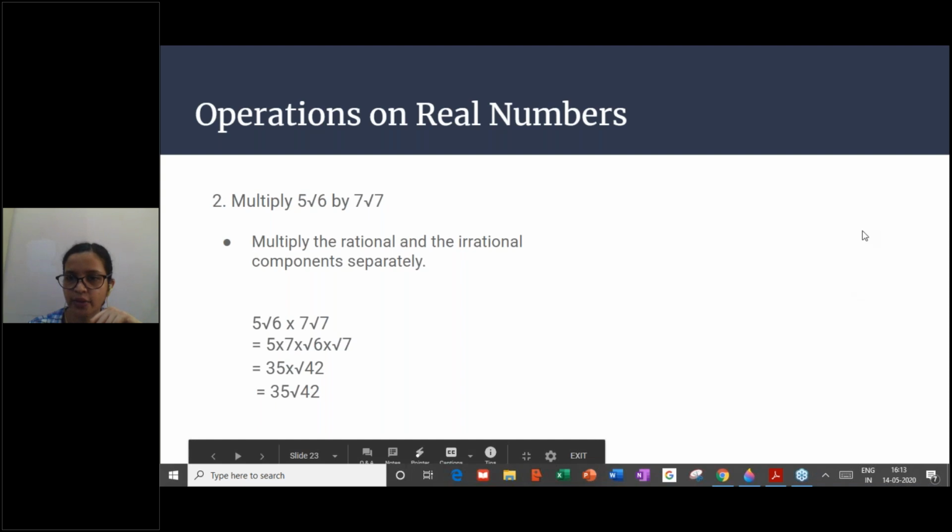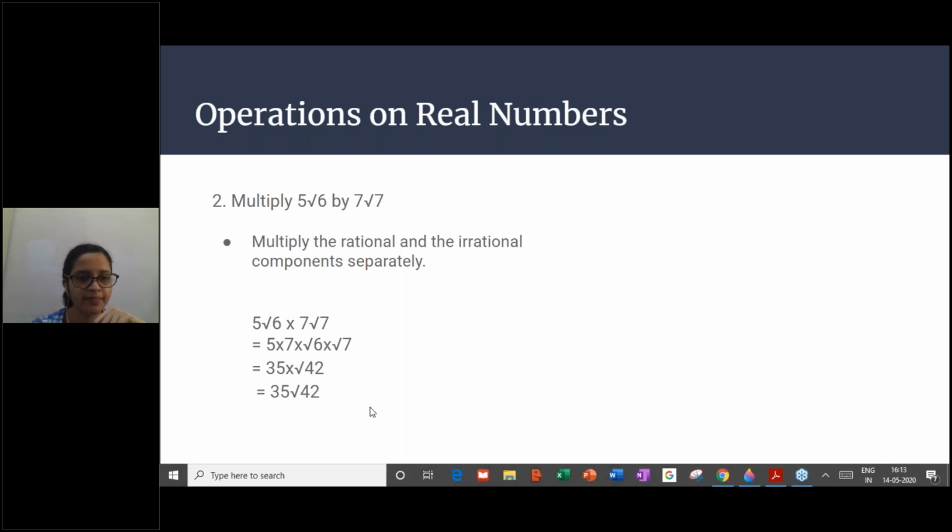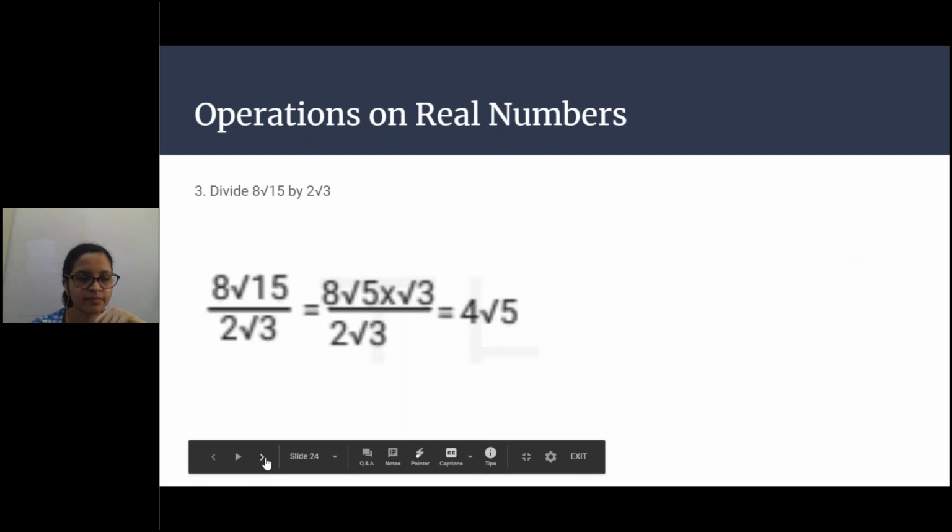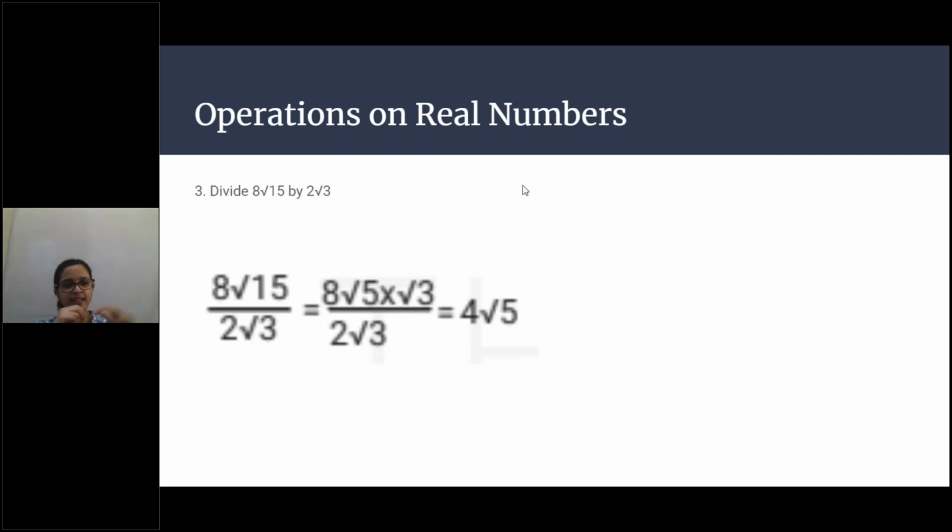Okay, so I think most of you have copied this down. I'll move to the next slide. In case of division, again, same. You try to simplify the number which is irrational, like root 15. You can write it in the form of root 5 into root 3, right? Because there's a root 3 in the denominator, it will get cancelled.